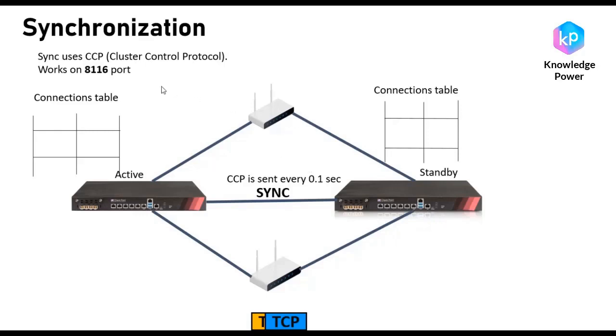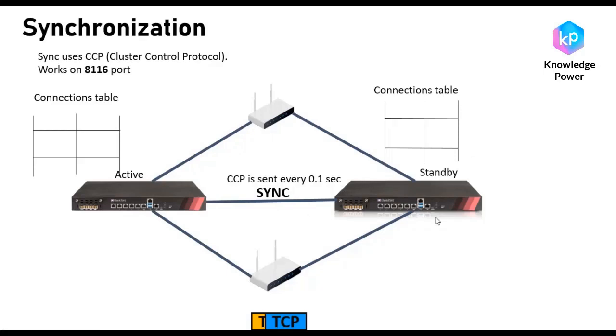All right, the second type is called delta sync, and delta sync uses the same Cluster Control Protocol, and it works on port 8116. It's sent every 0.1 second to every interface to make sure all interfaces are online and working fine without any problem. If there are any issues, they're reported over that port. So devices know whether a second device is alive because of that.